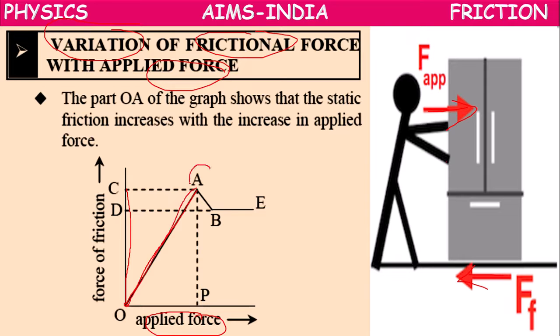Suppose at point A it is ready to move, which means it is limiting friction or maximum static frictional force. Up to that moment, we have to go on increasing the force, and the force of friction also goes on increasing. When it is ready to move, if we increase the force a little, then the frictional force will come down.